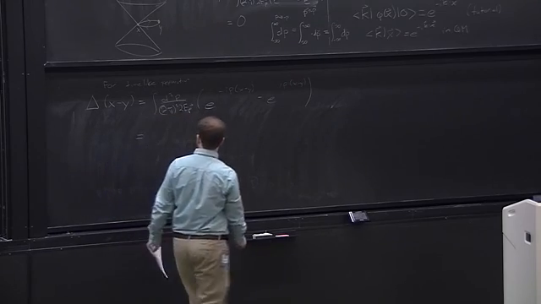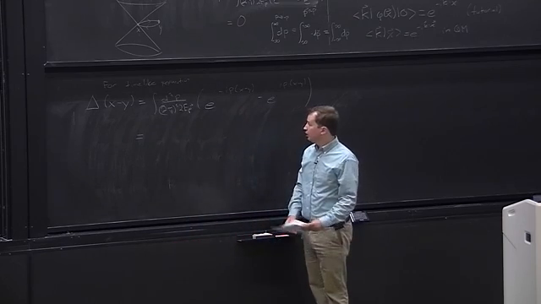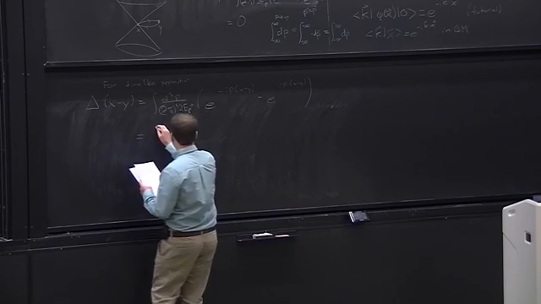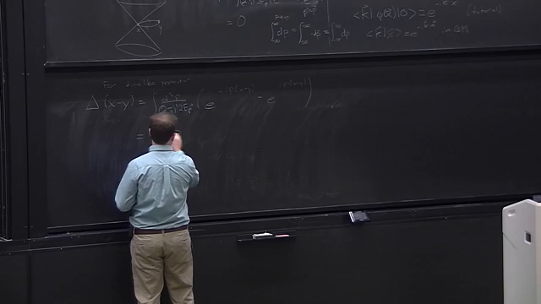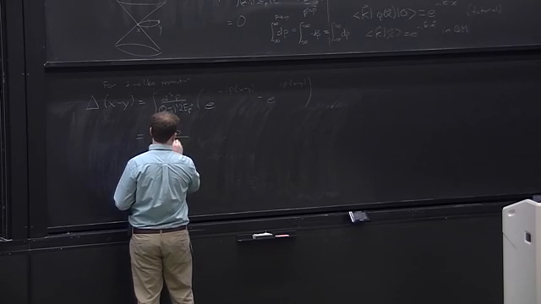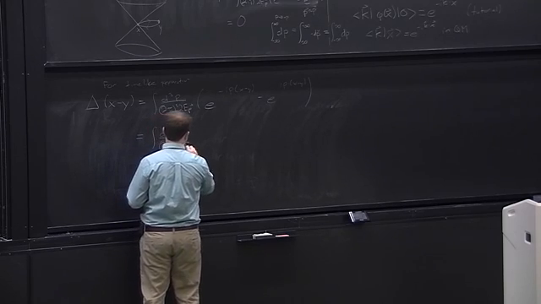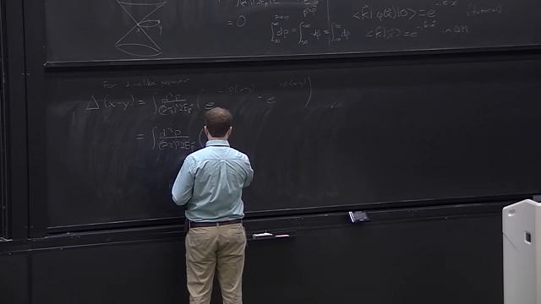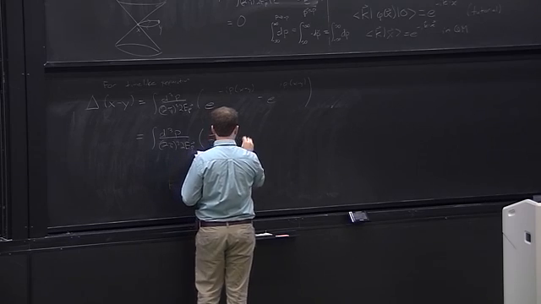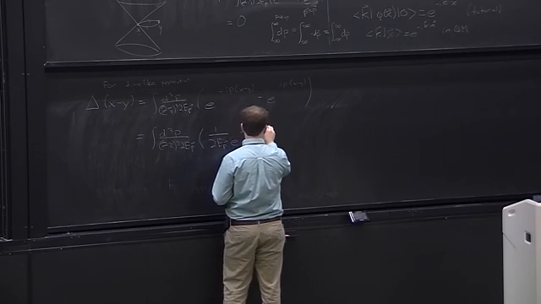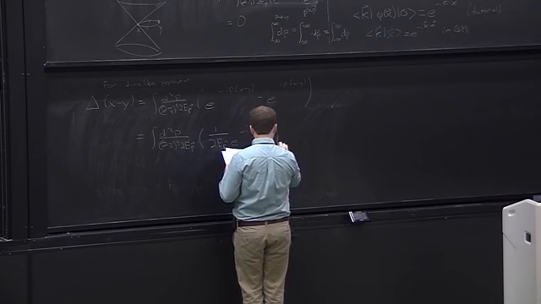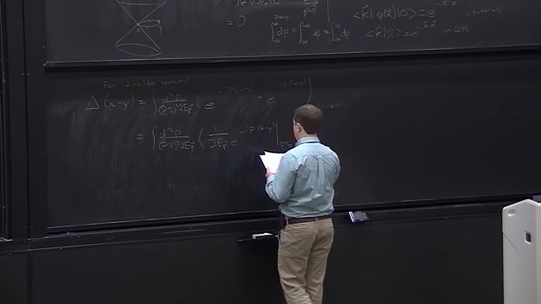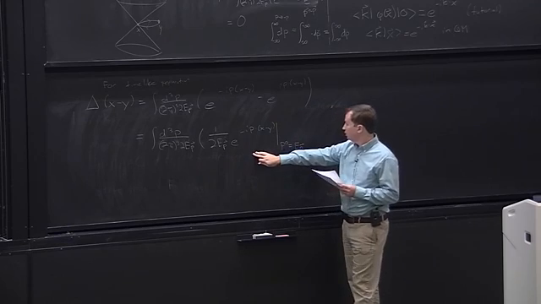So I'm going to do some manipulations that will look a little bit strange, but might be easier to understand going backwards. The first thing I'm going to do is write this as 1 over 2 E_p e to the minus i p dot (x minus y), with p^0 equals E_p. That's the first term.